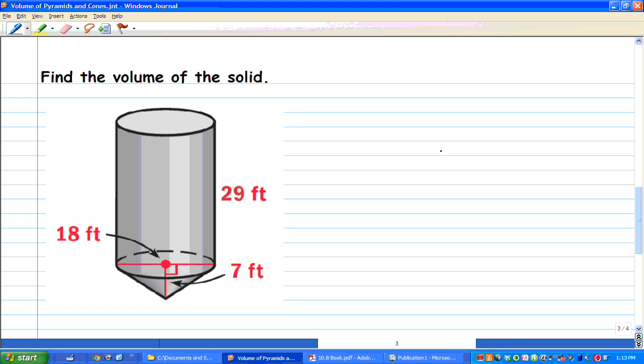Okay, on this shape, the volume of the solid is equal to the volume of the cone plus the volume of the cylinder. So, volume is going to be 1/3 pi 9 squared, because 9 is the radius down there, times 7, plus pi for the cylinder, 9 squared times height, 29.